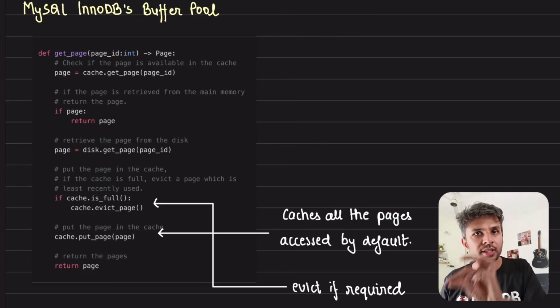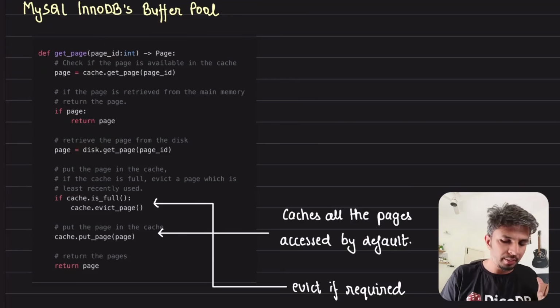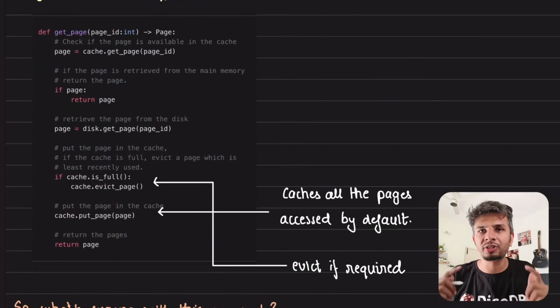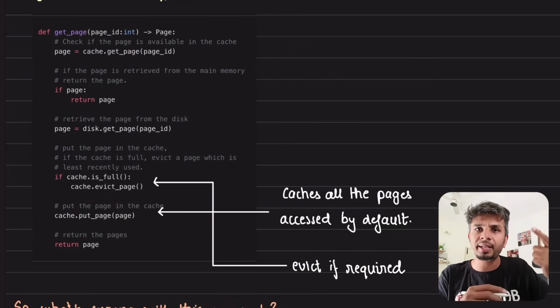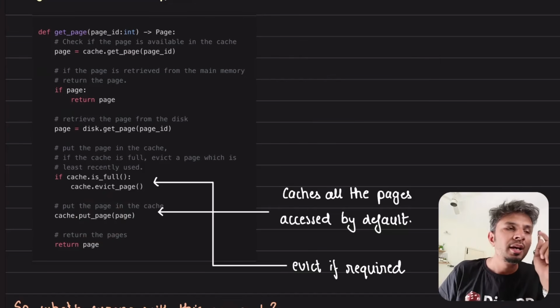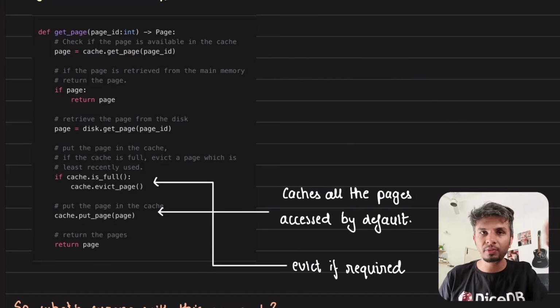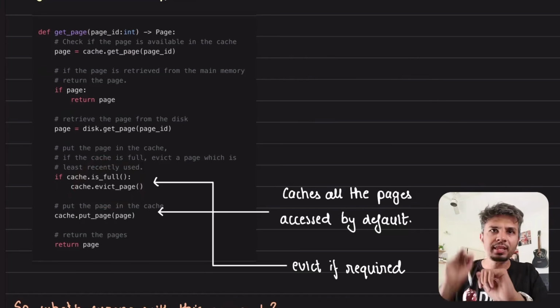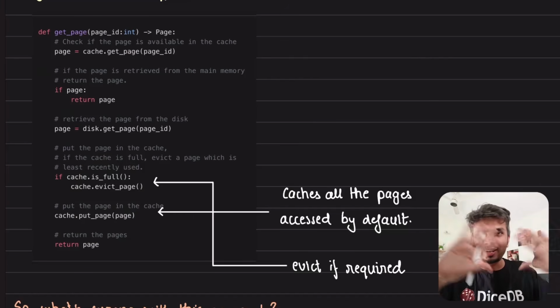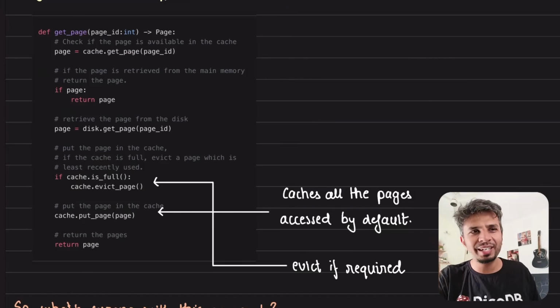Now, when it gets the page from disk, MySQL puts the page in the cache, because of spatial and temporal locality. If your cache is full, MySQL evicts a page, basically creates the space, and then puts the page in the cache. Okay, all good? Nice. Quick refresher.